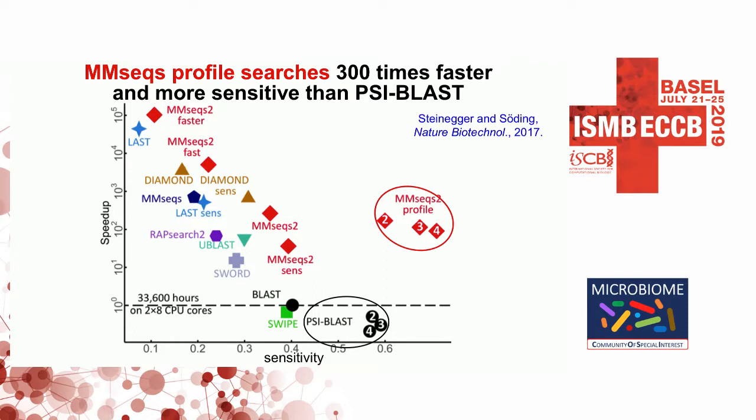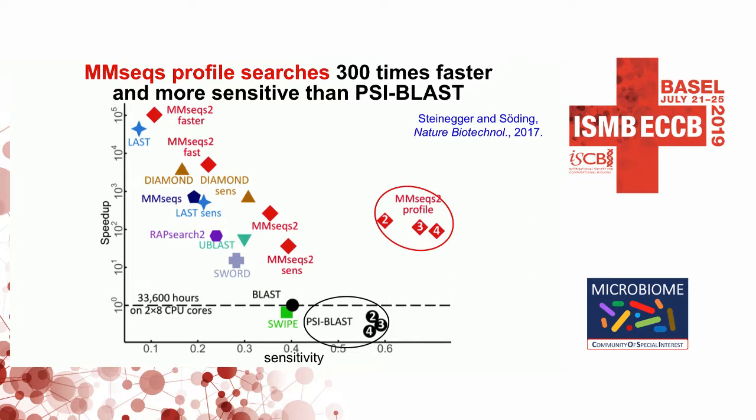I can't tell you really how it works, but this was published a bit less than 2 years ago in Nature Biotech. So this is just the summary of the main results. Here you have the sensitivity measured in a large benchmark, it's kind of AUC sensitivity for up to the first false positive, and in thousands of queries.